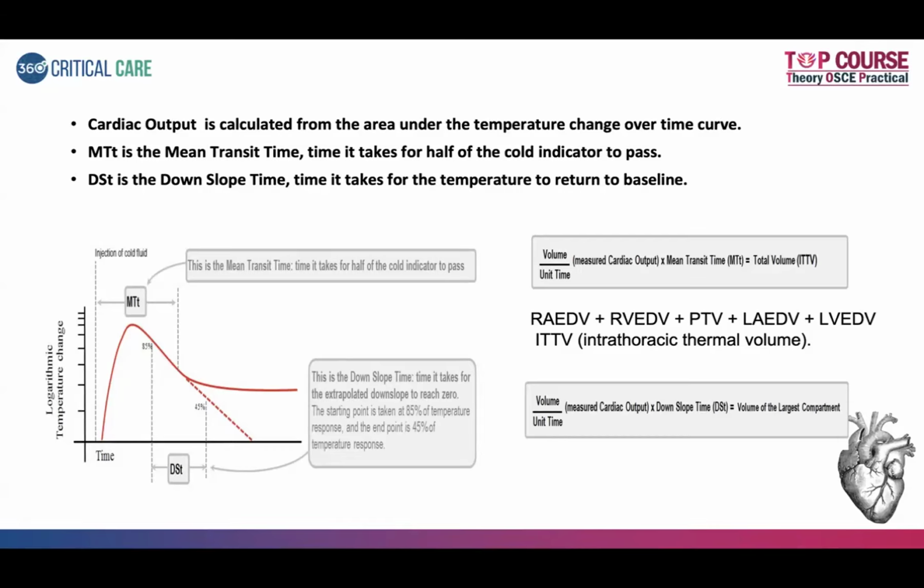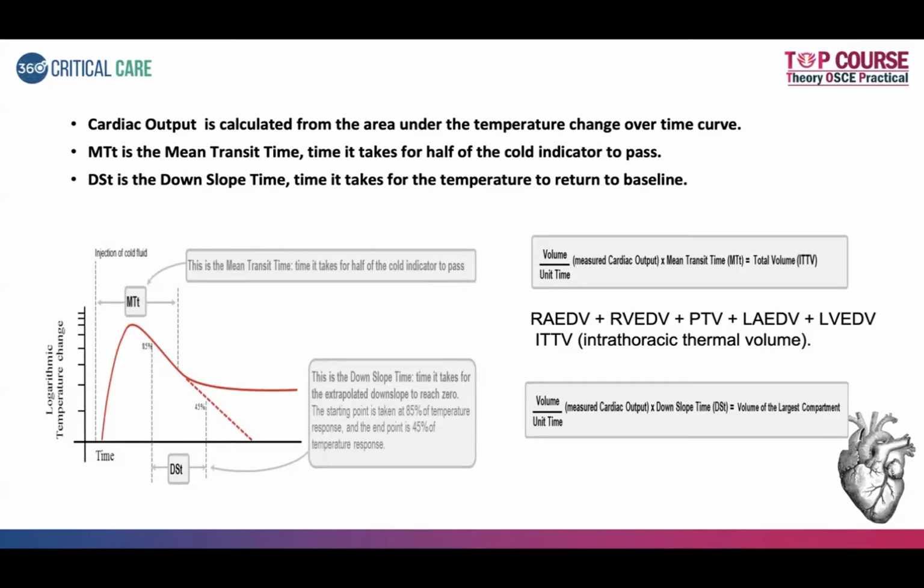Whenever you multiply this mean transit time with a unit cardiac output measurement, you get the intrathoracic thermal volume. That is nothing but the time taken for the cold saline to travel through all the chambers of the heart. So it gives us the overall change in all the chambers, that is the intrathoracic thermal volume.